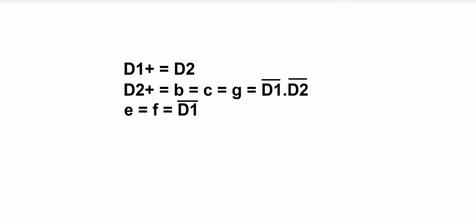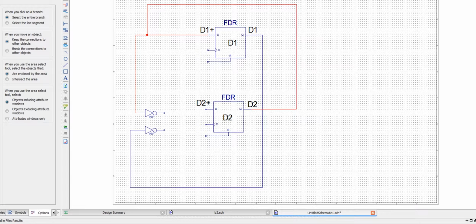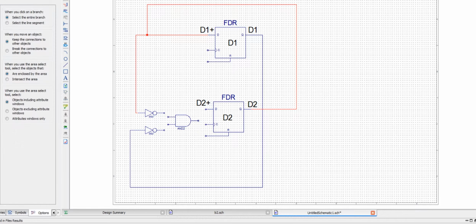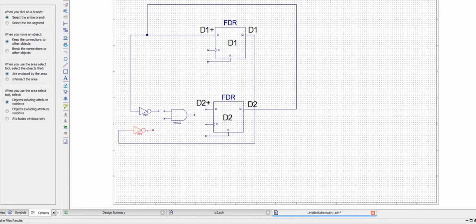But what we want actually is these two ANDed together. So we find the AND gate. Now let's put this AND a little bit further back.